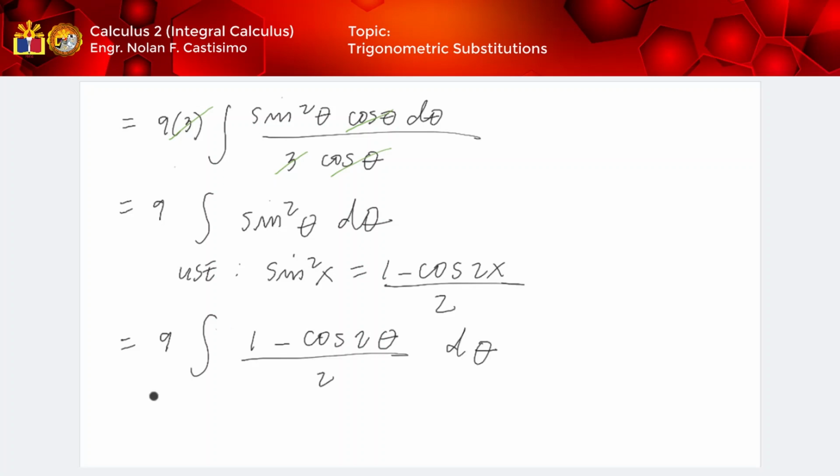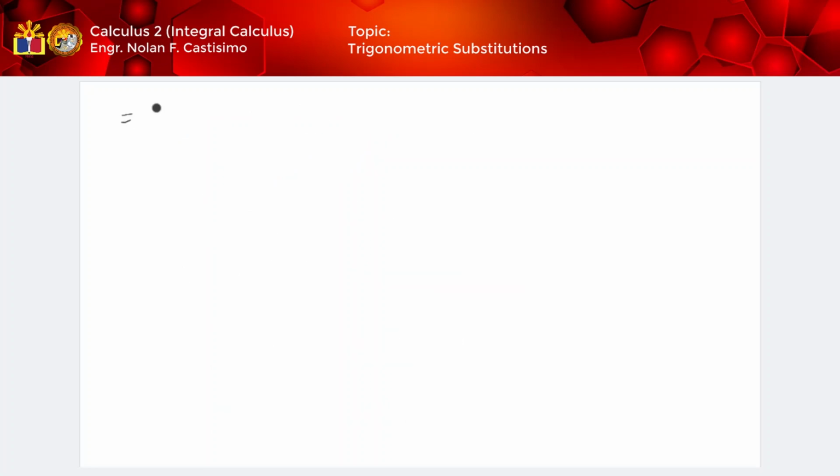And then, magiging 9 over 2 integration of 1 minus cosine 2 theta, parenthesis, d theta. Okay? Then next, magiging equals 9 over 2, bracket, lagyan natin ng bracket, integration of d theta minus integration of cosine 2 theta d theta.